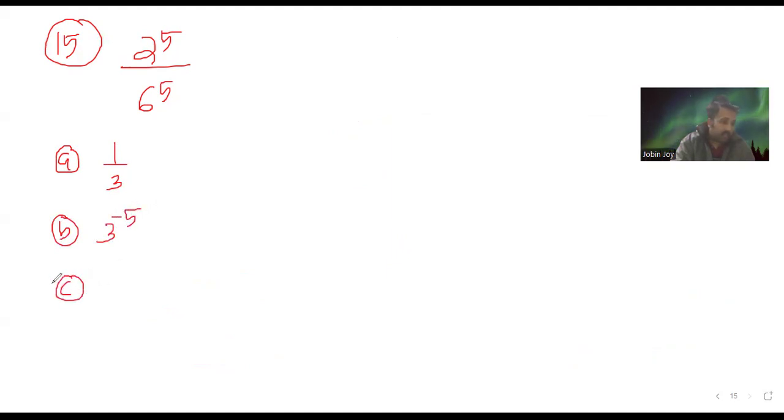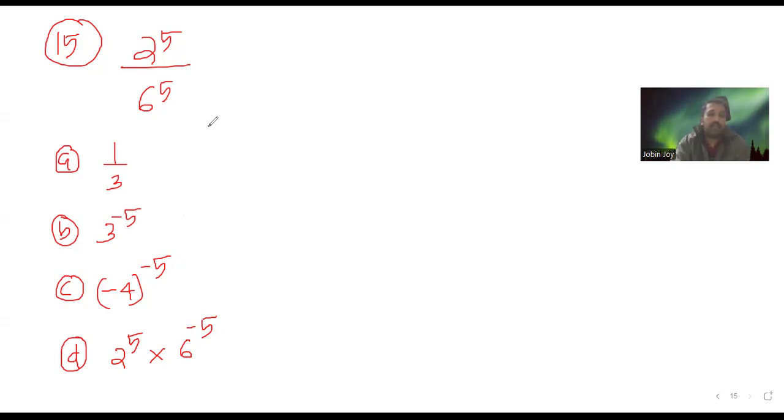Third option is minus 4 raised to minus 5. Then fourth option is 2 raised to 5 into 6 raised to minus 5. These are the 4 options. And we have to find the equivalent expression for this 2 raised to 5 divided by 6 raised to 5. There are 2 correct answers. So you should select 2 correct answers from these 4 options.